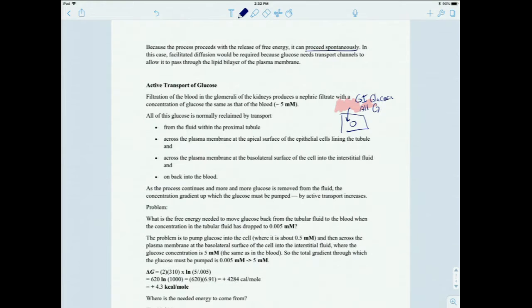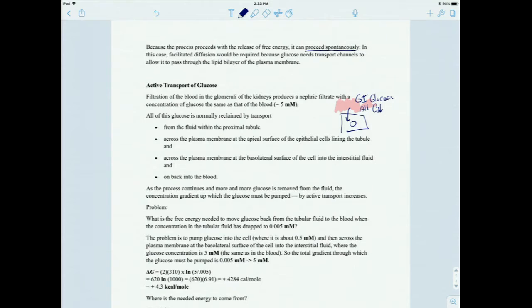Well, as I am absorbing it, the glucose level is getting less and less and less outside the cell, which means I'm having a greater and greater concentration gradient to where now it's taking more and more and more energy to move that glucose from the lumen of the gut into the cell itself.